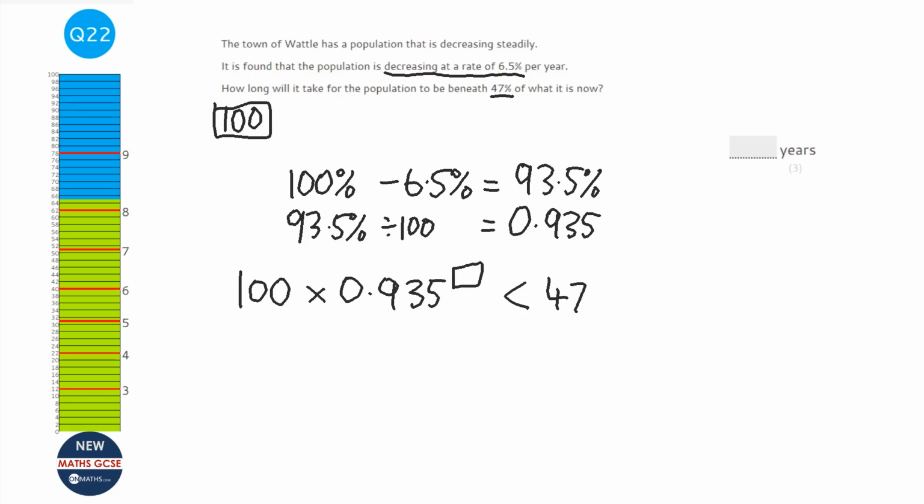So I'm going to press the equals button once and I get the answer of 87.42. So I've done twice in total so far, and I can leave a little tally mark here. I press it again and I get 81.7.